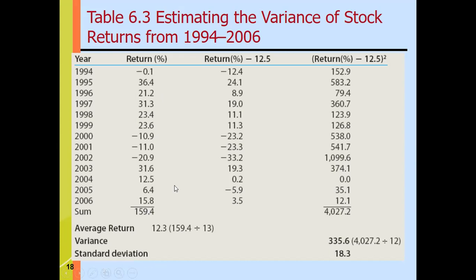Or we can recheck this one because what is used here is 12.5. So assuming this is 12.5, we now deduct from our given returns. So this is R sub T, then minus R with a horizontal bar above that, which denotes the mean or the average return. And we get negative 12.4 in that case.